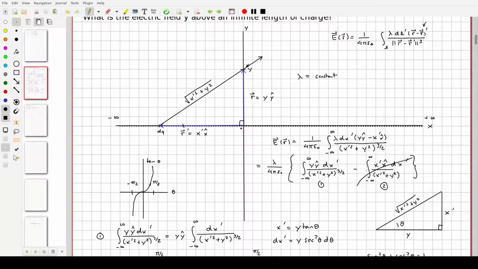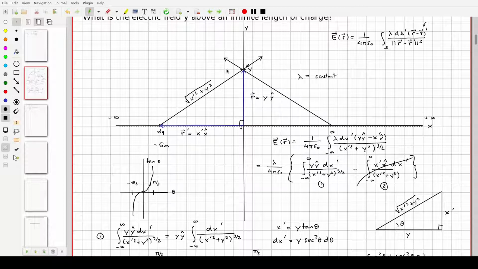Here's the deal, though. For every bit of charge to the left that's, we'll say, 5 meters away, that has an electric field that points this way, there is going to be a bit over here 5 meters away that has an electric field that points this way. And if you remember the previous video where I talked about the electric field that sits between two point charges that have opposite polarities, I showed you that things cancel out.